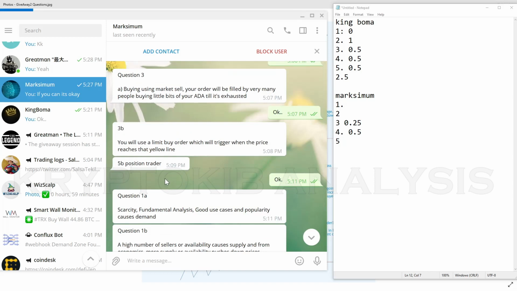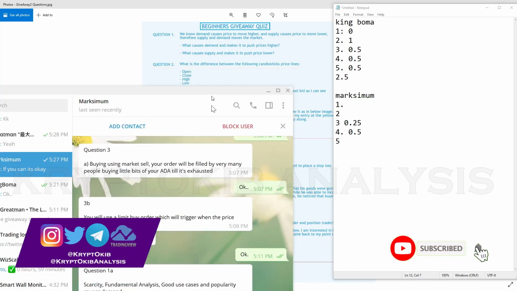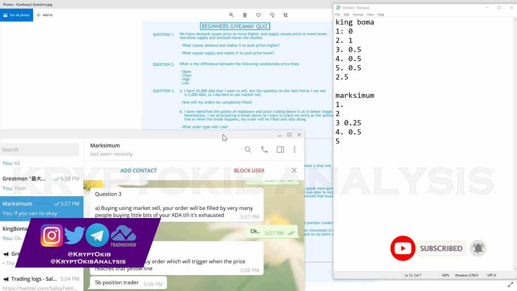He didn't change it. Limit buy won't do that. So it's wrong on that. So that means number 3 ends up with 0.25.